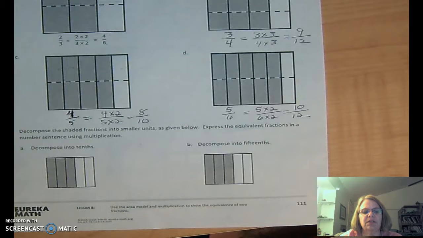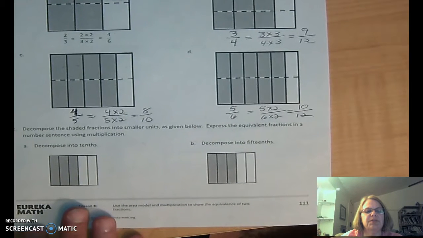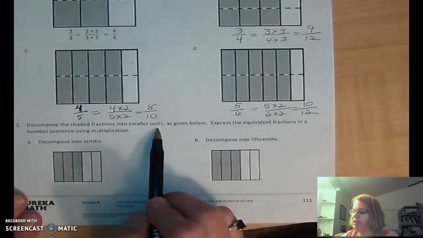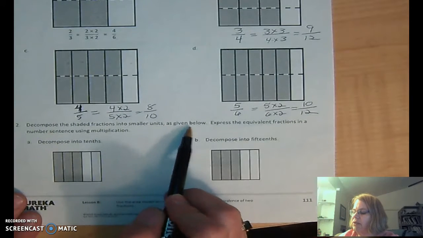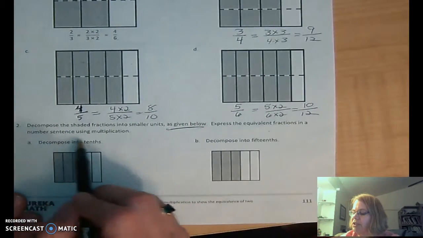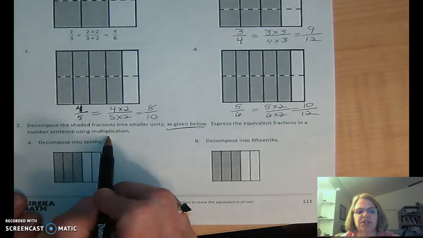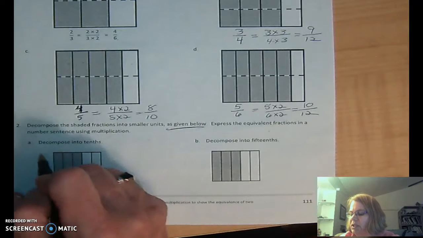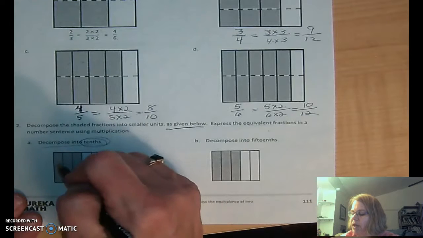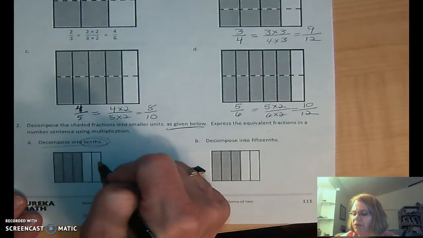Okay, now let's look at number 2. Number 2 says, decompose the shaded fractions into smaller units as given below. Express the equivalent fraction in a number sentence using multiplication. So they want us to decompose into tenths. So if we were going to decompose this into tenths, how many lines would we draw? Well, how many do we have right now? 1, 2, 3, 4, 5.